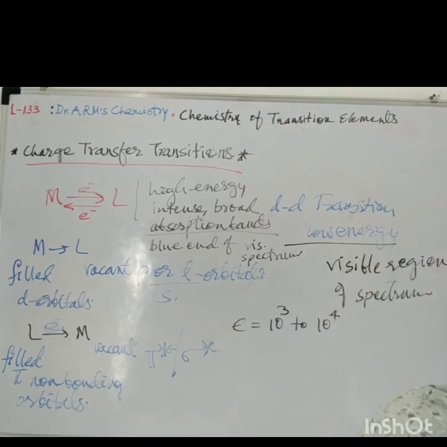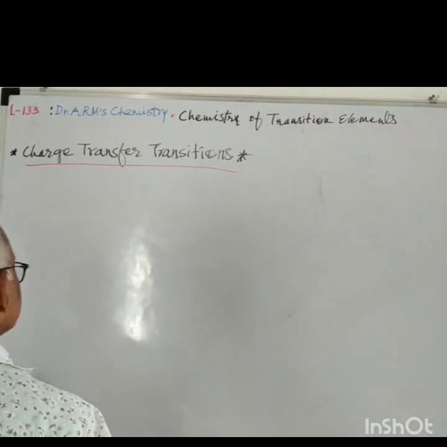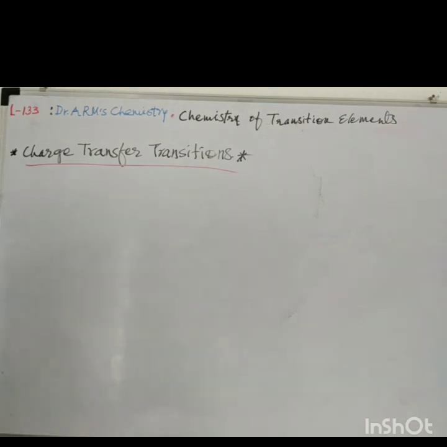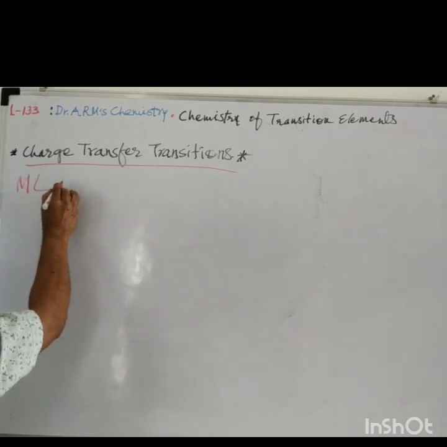So, if we observe this diagrammatically, we find that for the metal ion, say if we consider octahedral ligands, we generally represent it as ML6.